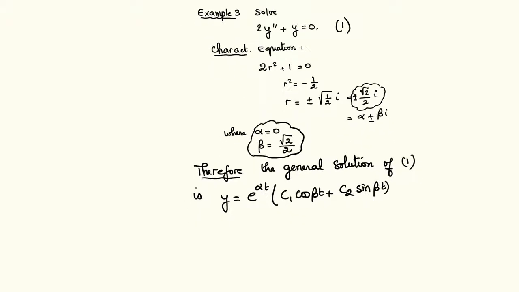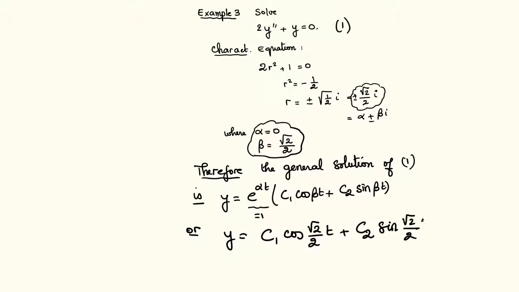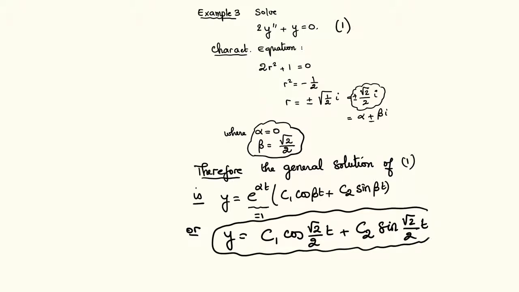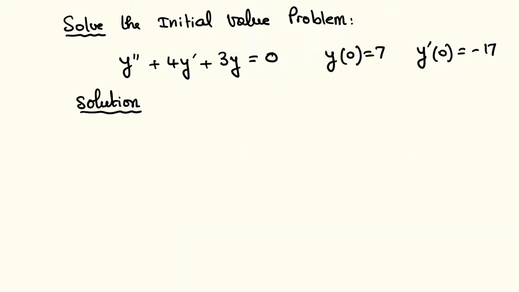So in this case, that means y is, alpha is 0, so this is actually going to be 1, so no need to write it. So we get c1 cosine (square root of 2 over 2) t plus c2 sine (square root of 2 over 2) t, where c1 and c2 are arbitrary constants, like this.